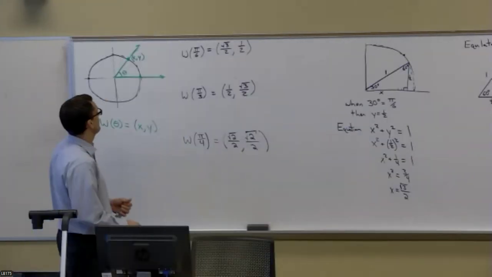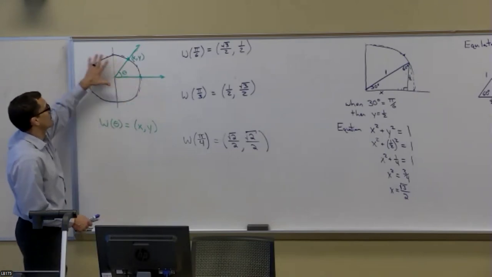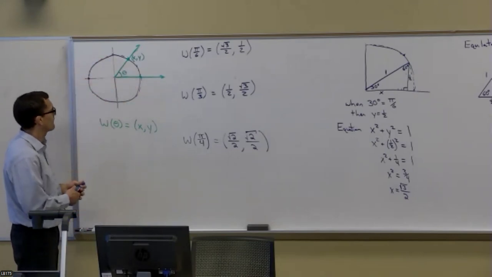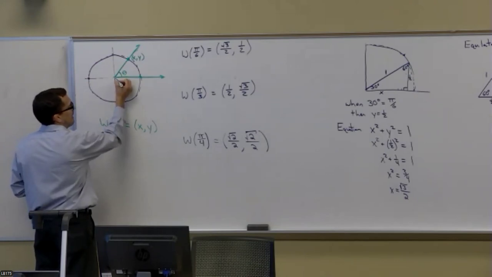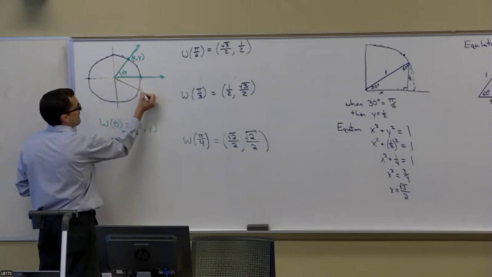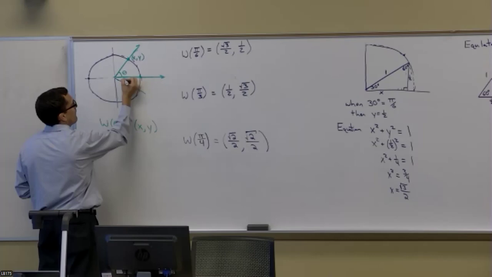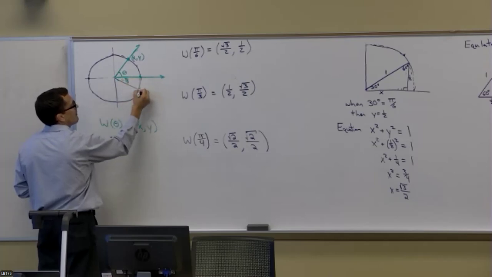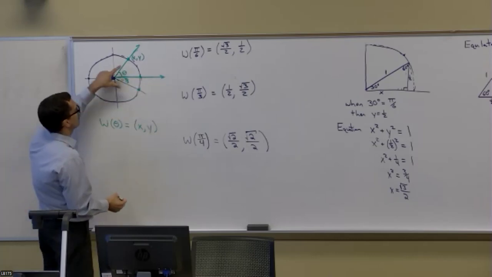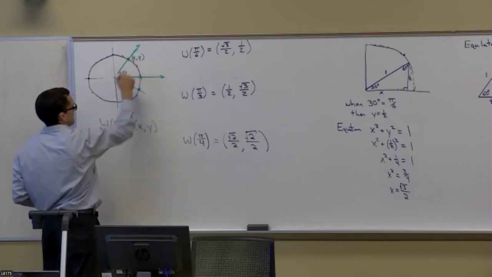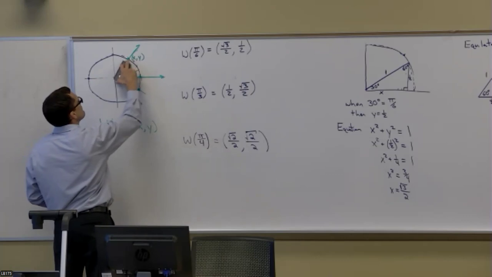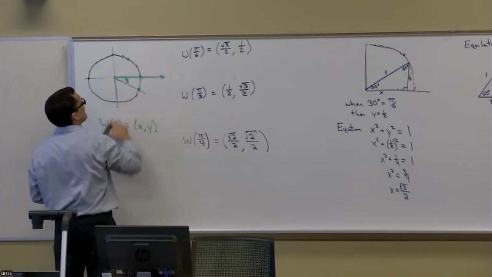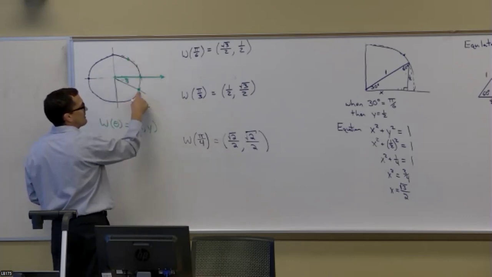then what you can do is you can go all around this unit circle. And if I said, let's take a wrapping function of negative pi over 6, well, the x value, let me rewrite this, is going to be positive.